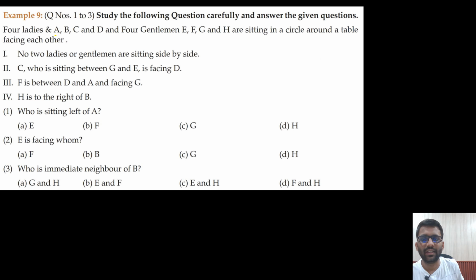Now 4 ladies A, B, C, D and 4 gentlemen E, F, G, H are sitting in a circle around a table. Okay. So 8 people are there, 4 ladies and 4 gentlemen.